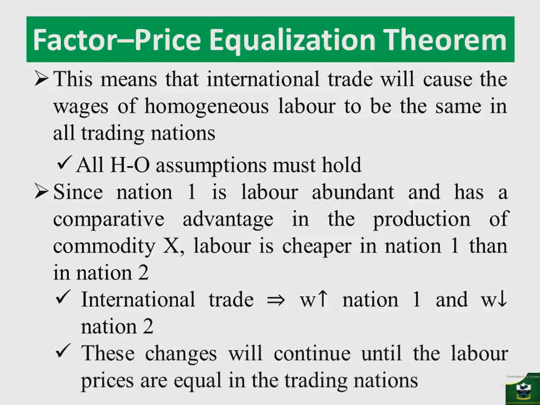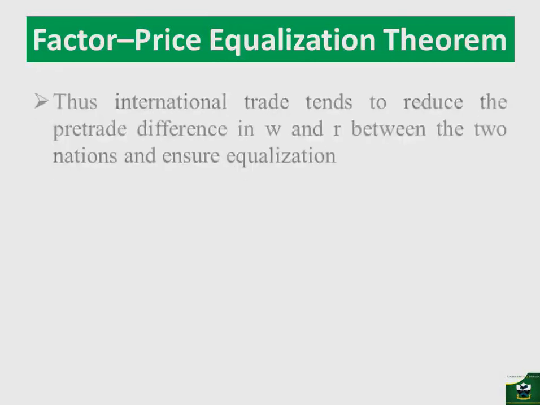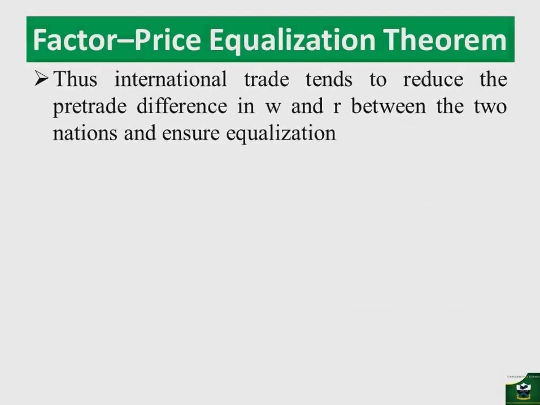Okay, so these changes will continue until the labor prices are equal in the trading nations. If there is any gap, it means there will be more basis and more need for nations to export more commodities to ensure that the prices are equalized. Thus, international trade tends to reduce the pre-trade difference in interest rate as well as in wage between the two trading nations and ensure that there is equalization.